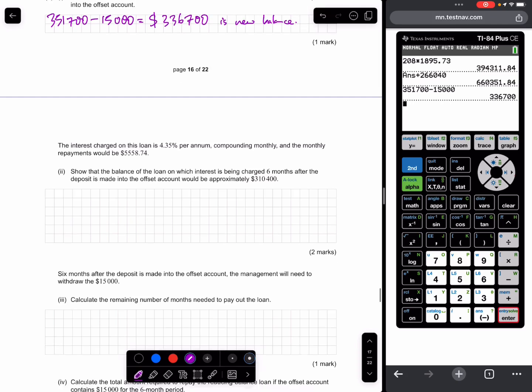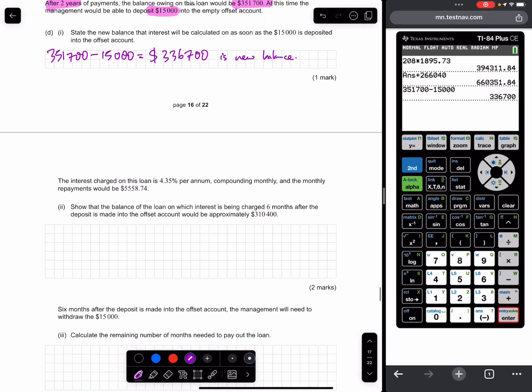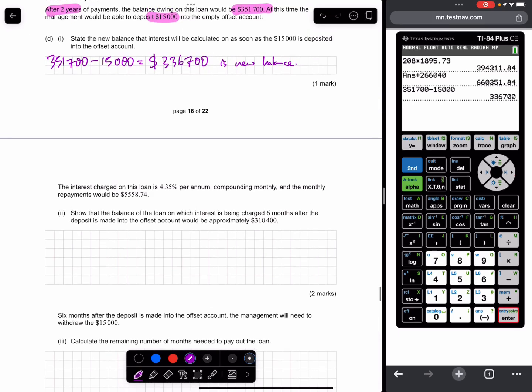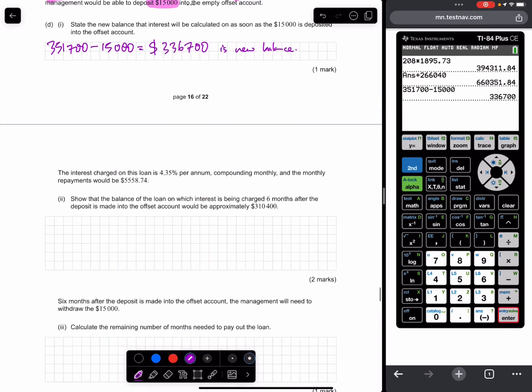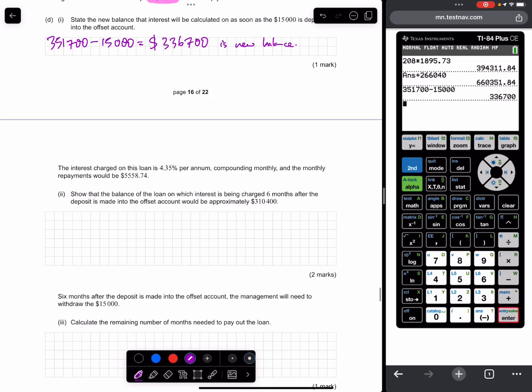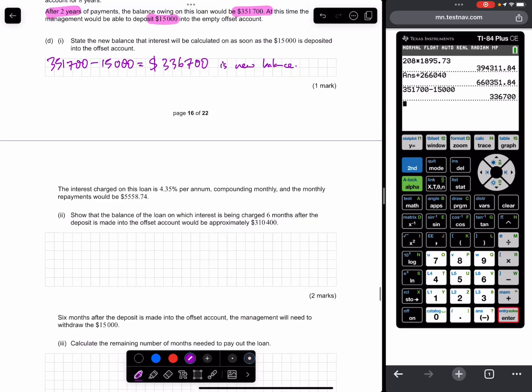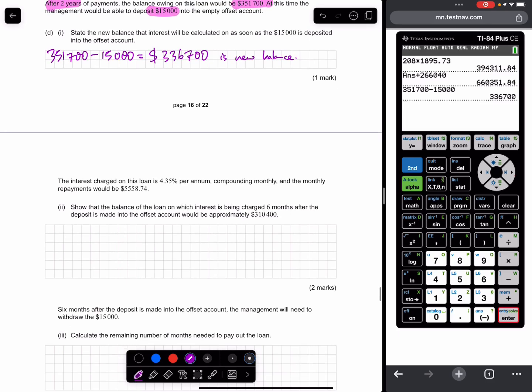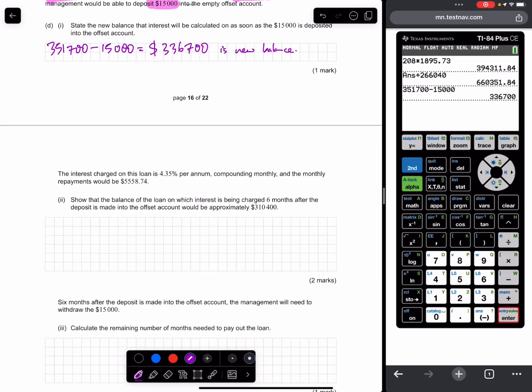Page 16 done. The interest charge on this loan is 4.35% per annum, compounding monthly, and the monthly repayments would be 5558.74. Show that the balance of the loan on which interest is being charged 6 months after the deposit is made into the offset account would be approximately 310,400. Okay, 6 months, interest rate is 4.35% per annum.